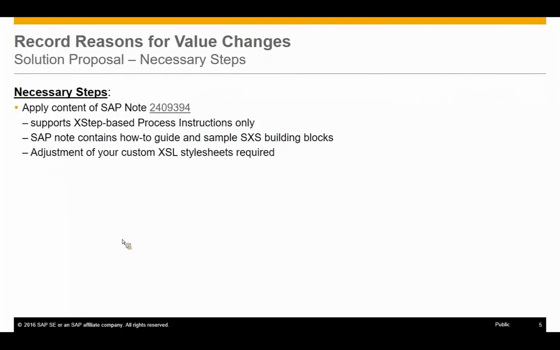Okay, and this is not the very nice part. If you use custom style sheets, you have to adjust them after you implement the changes of this SAP Note. But we try to make it as easy as possible for you to do the adjustments. In the how-to guide, you also find a description of which sections of the XSL style sheets are affected.